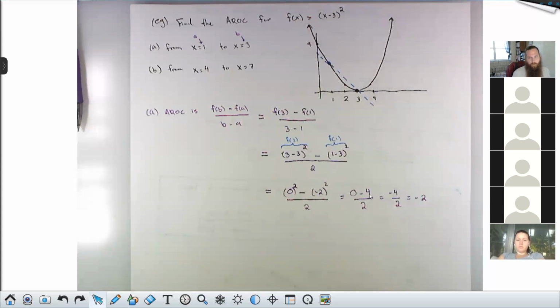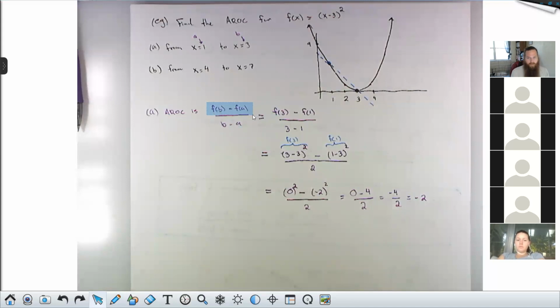Your average rate of change can be negative, can be 0, and can be positive, just like your net change. And in fact, the rules are exactly the same because the sign of the denominator is always positive. B is always the larger number, A is always the smaller number. So the downstairs here is always going to be positive, which means that the sign, positive, negative, 0, of the average rate of change is really just the sign of the numerator.